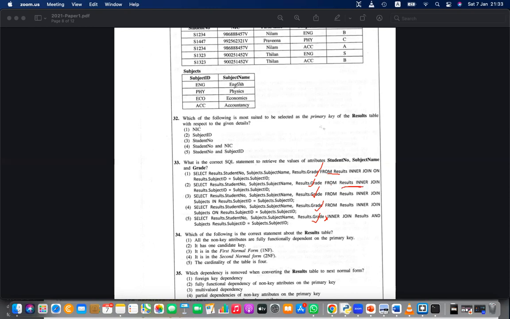Results inner join with the subjects table. That part is missing. The other table is not mentioned here either, right? Results inner join.